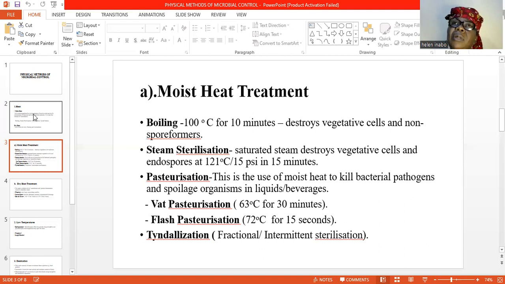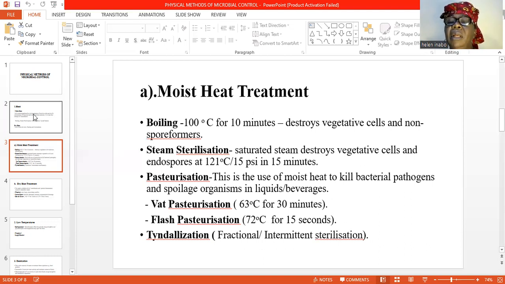Now, once the autoclave is covered, the valves are left open, and as the temperature rises, air is driven out by the steam, and after some time, the valves are closed, and the temperature rises to 121 degrees Celsius, and the timing is usually 15 minutes.